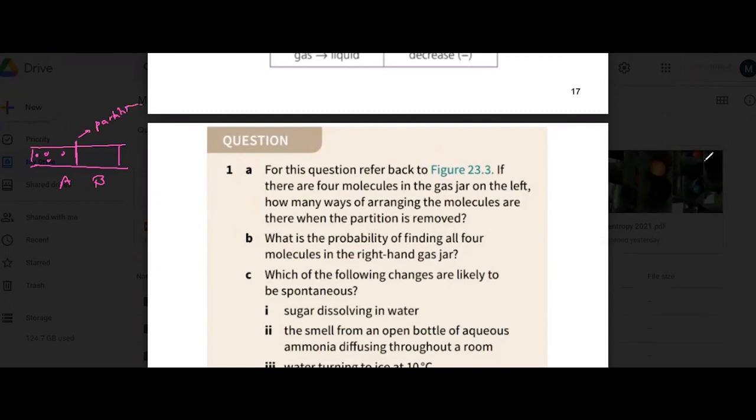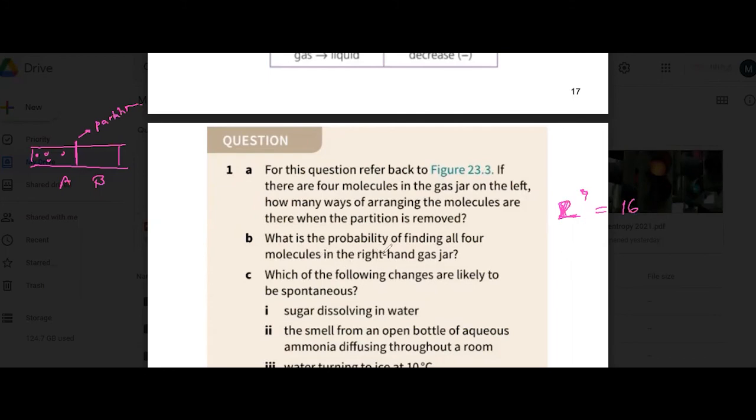What's your answer? There will be 2 to the power of 4, because there are 2 gas jars. This is 16. So there are 16 ways of arranging the molecules when the partition is removed.